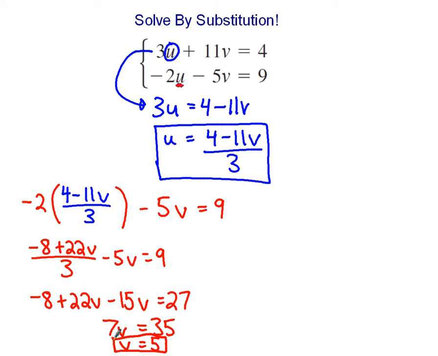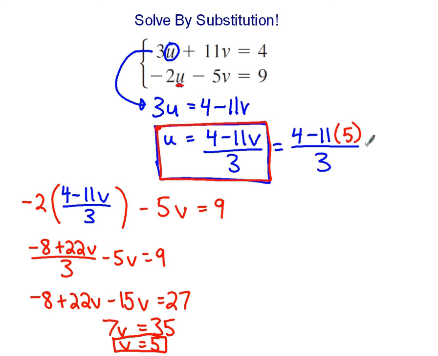Well, the other half of the answer is to figure out what u is, and we have a nice equation for u. It's right here in this box. So let's come back to this box and use that equation again. I will switch back to blue again. So we have here 4 minus 11, but now we know what v is. v is 5, which I'll write in red, like that, and then over 3.